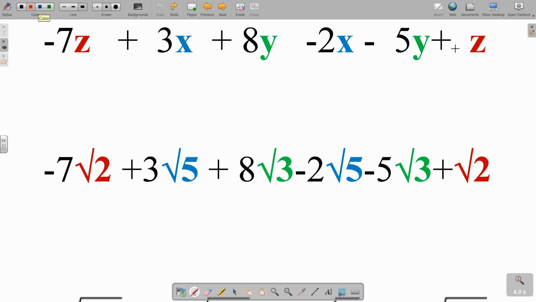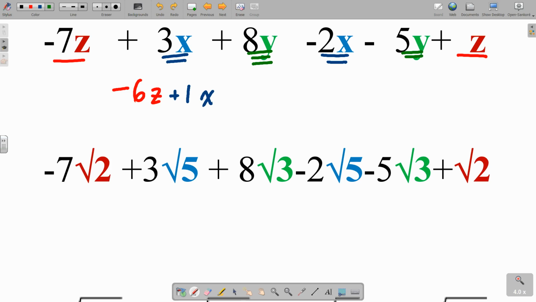Watch the colors here. I'm going to use red. I'm going to collect my Z's. My X's. My Y's.